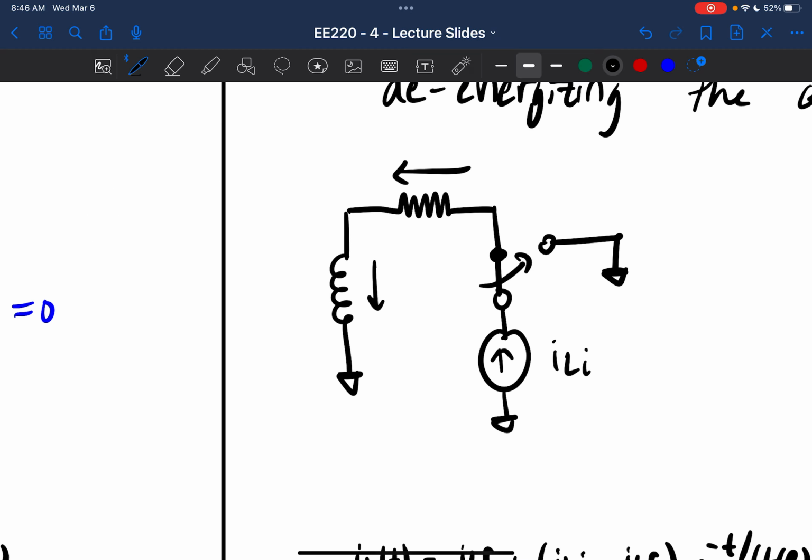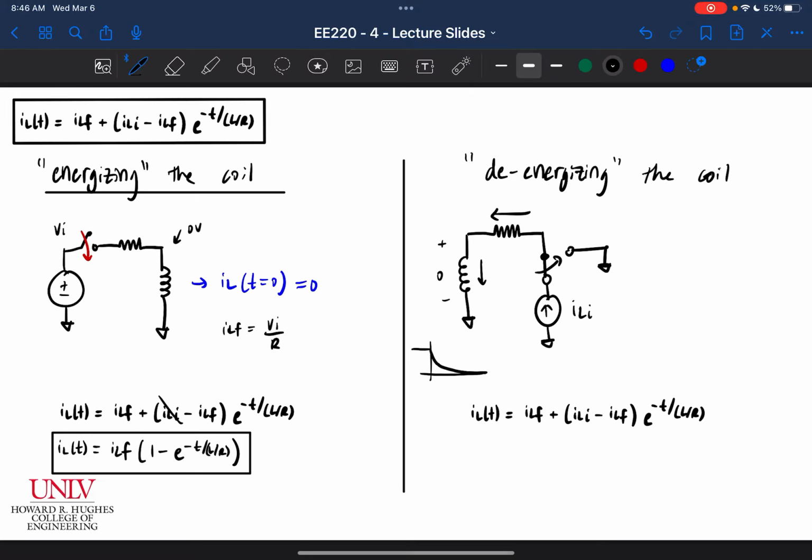I'm saying I've got a current source that's feeding a constant amount of current into my inductor, and since it's constant, the voltage across the inductor is 0. I'll basically be sitting at some current, and then once I switch over to this ground, the current source is no longer connected, and so the inductor de-energizes, and we get this discharging behavior, or de-energizing behavior, if you will.